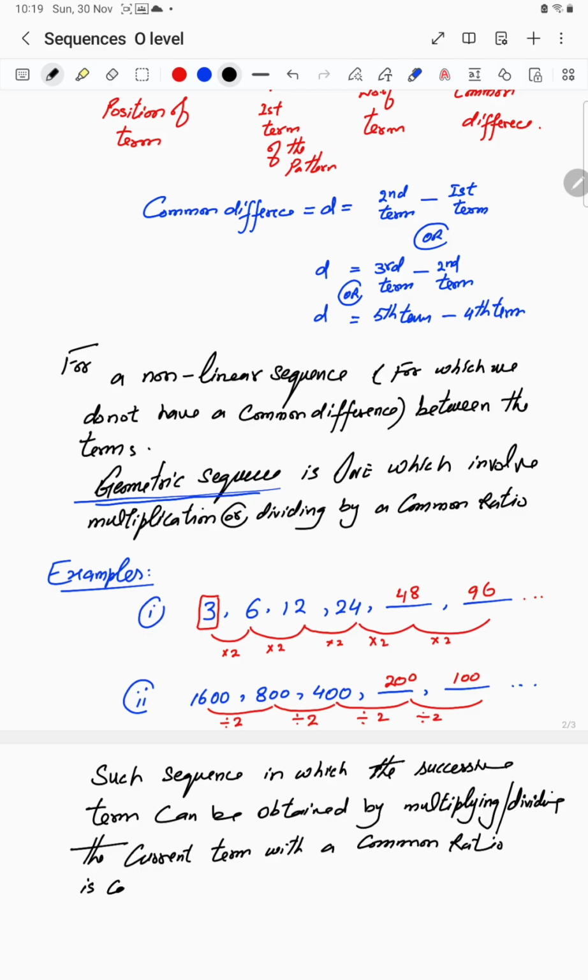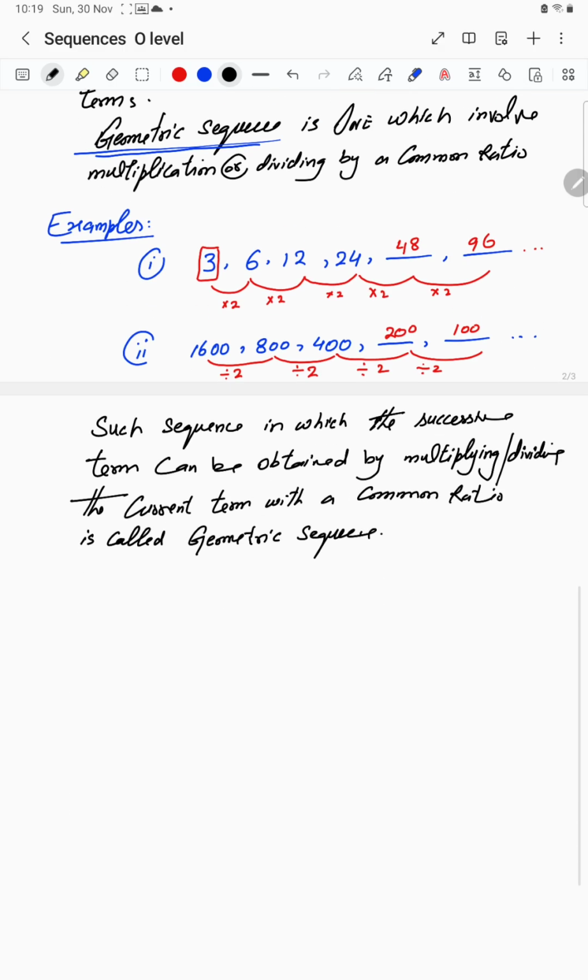It is called a geometric sequence. Okay, here multiplied or divided, as the example says.